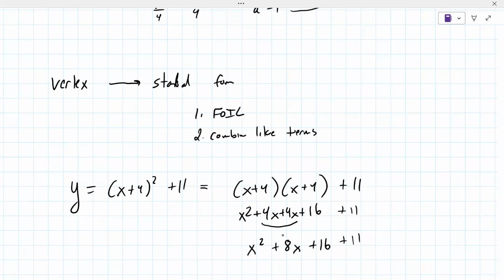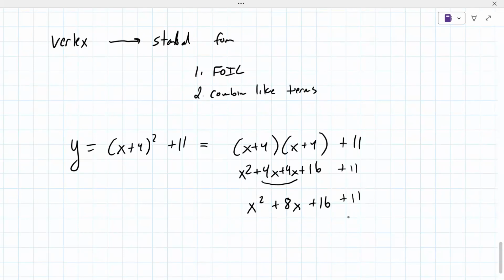If you got something different, maybe take a look or ask me some questions, but the first term is the only squared, and then the outside is just 4x, the inside is 4x. They're just squeezed together. And then you combine like terms here, so you get x squared plus 8x plus 27, and this is your standard form.